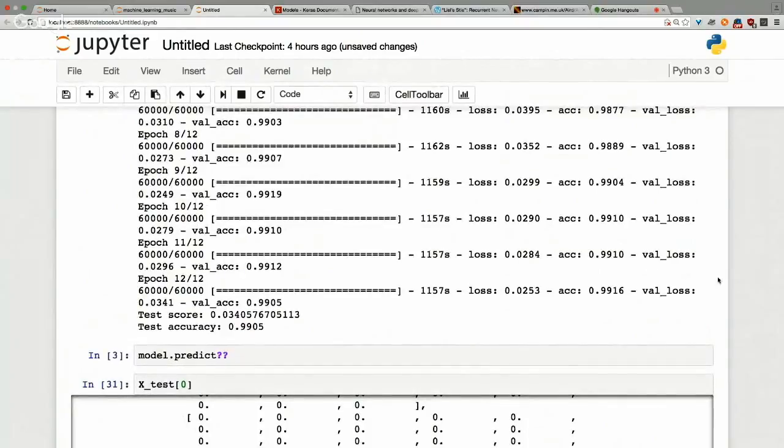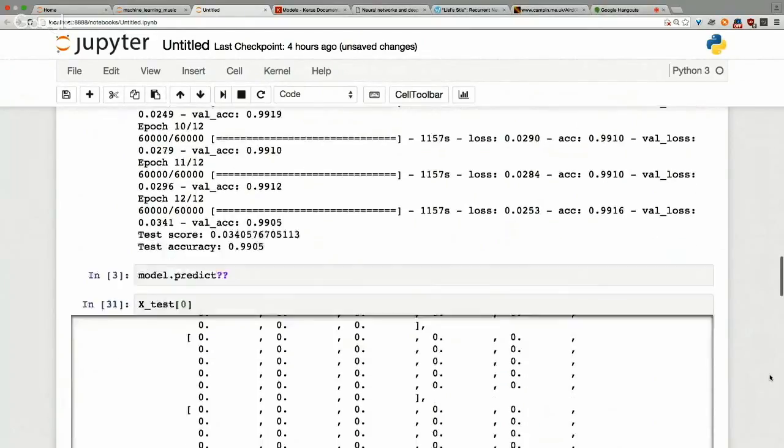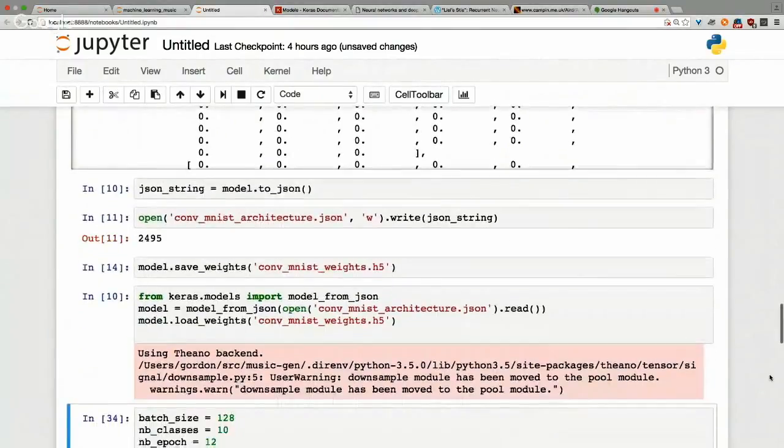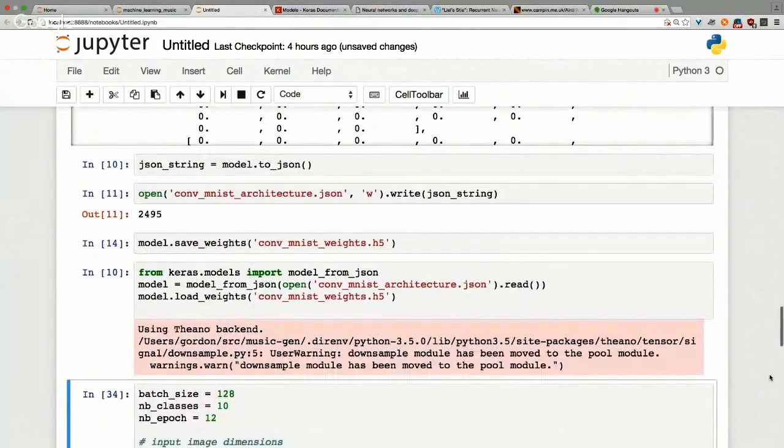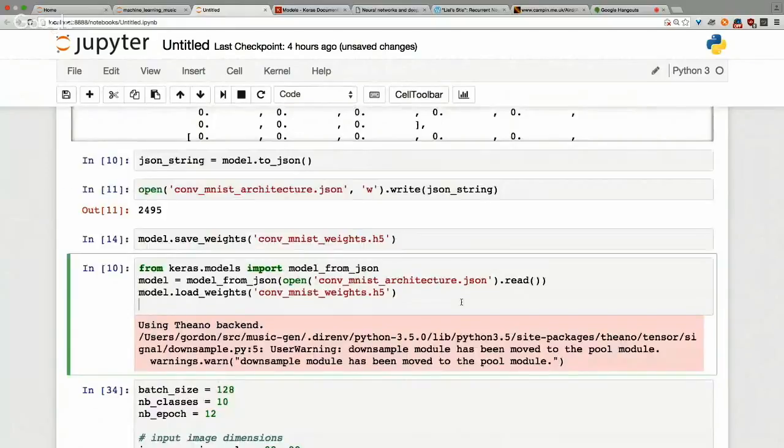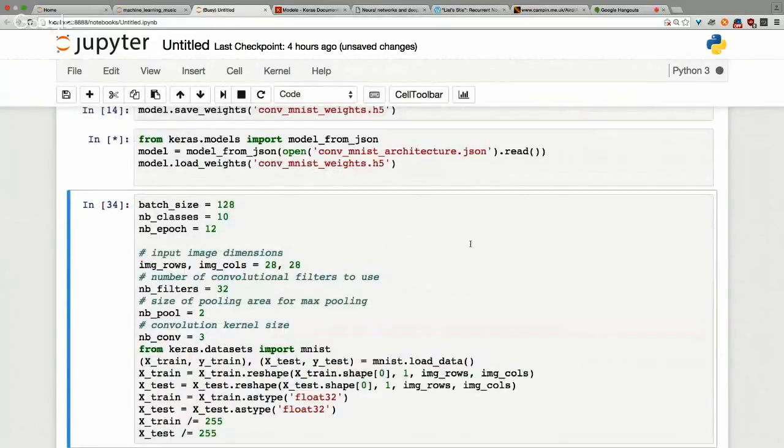So rather than sit here and do this live, we're going to cheat and load it from something I'd saved to some JSON and some H5 stuff. We run this again, it'll complain because there's some kind of deprecated thing stuck in Theano somewhere that it doesn't like, but it doesn't matter. There we go. That's run.